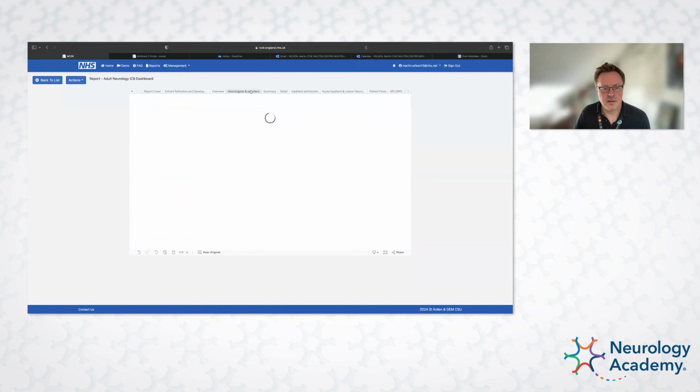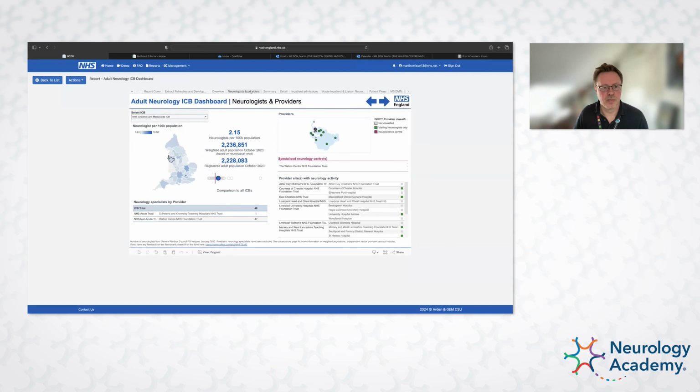If you go to the next tab, this is called Neurologists and Providers. So this is a mixture of data about how many neurologists there are, and that was gained from the GMC data via a freedom of information request, interestingly.